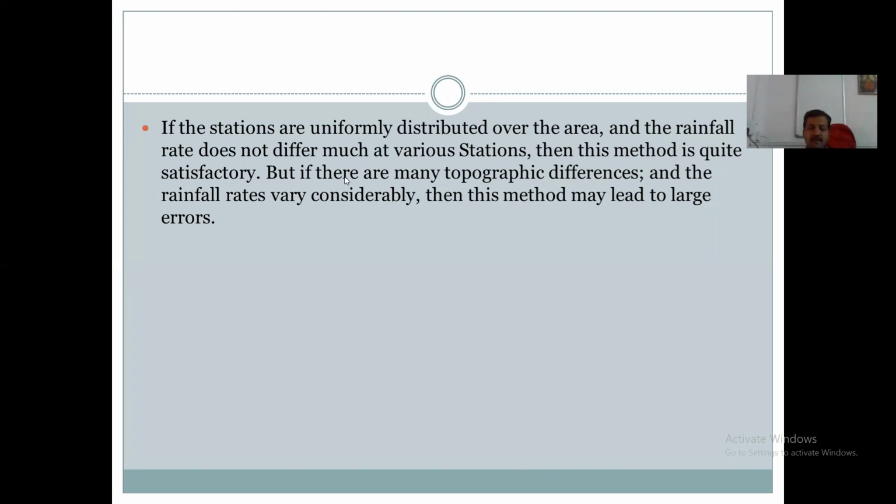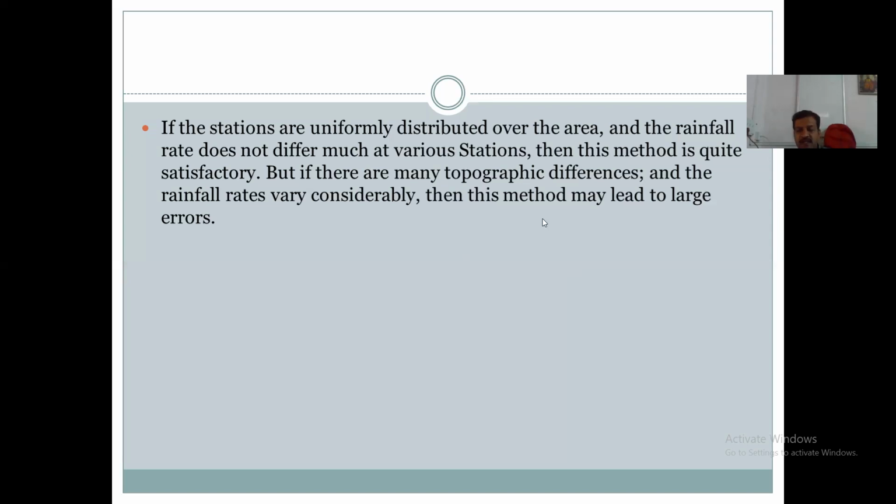This precipitation data may be uniform when the rain gauge stations are uniformly distributed over the area. If the level of the rain gauge stations is uniform, if the area is plain, if there are no undulations or not much difference in the levels of the stations, in that case it will show nearly equal readings.